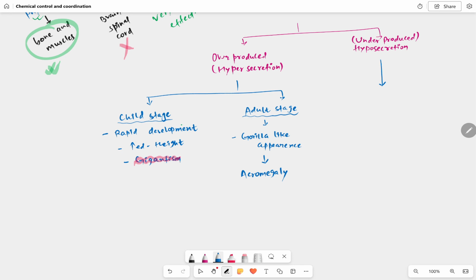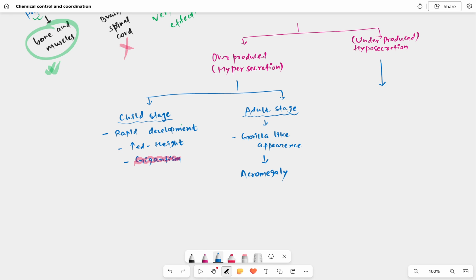Another case is hyposecretion. Let's say growth hormone is already secreted in an individual who is reaching the adult stage. If it is hyposecreted in the adult stage, there will not be much difference, because an adult individual will not reverse his overall physical appearance. That's why in the adult stage a little less effect of underproduction is seen.